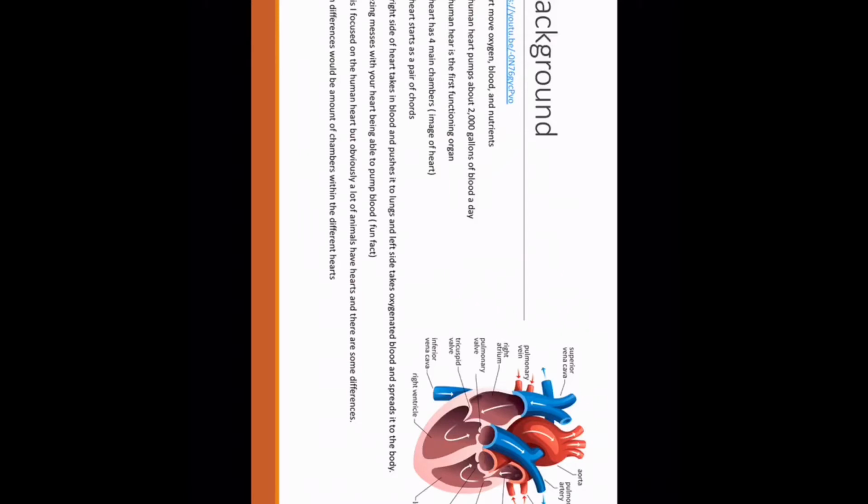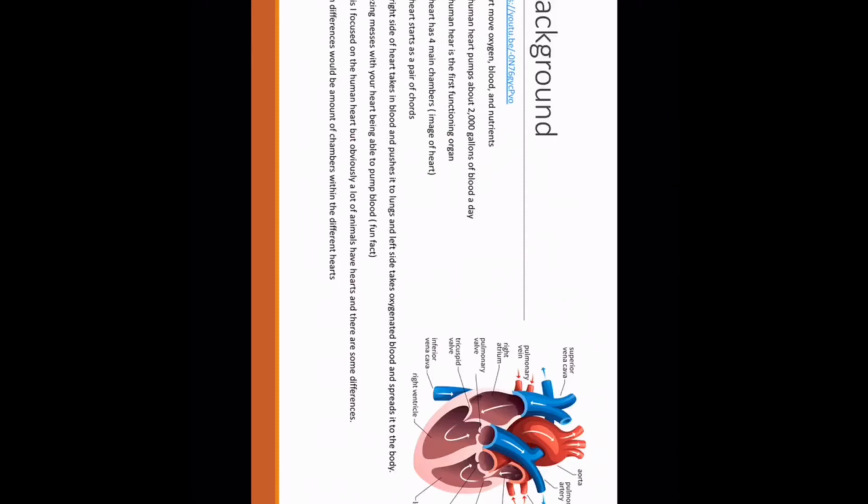So the heart is very important for oxygen, blood, and nutrients to circle the body and get to all the cells and the tissues. And then also, there's a couple fun facts. I love fun facts. So the adult heart, at least for humans, pumps about 2,000 gallons a day, which is a lot of blood.